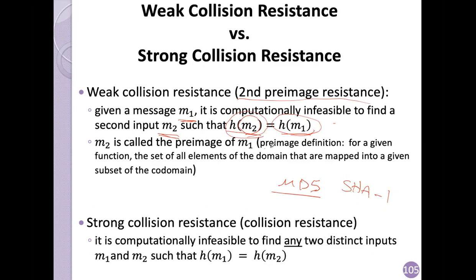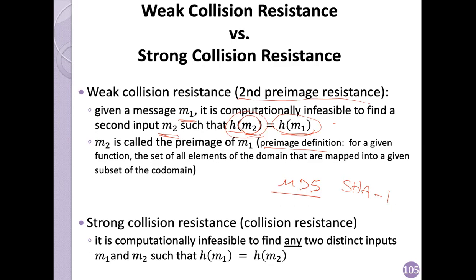And this is the definition of pre-image that I just talked about in the previous slide. It says for a given function, a set of elements in the domain are being mapped into the given subset on the codomain.